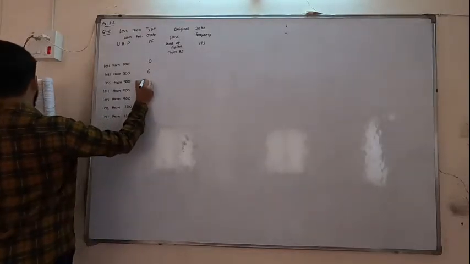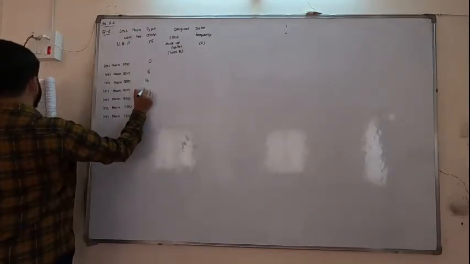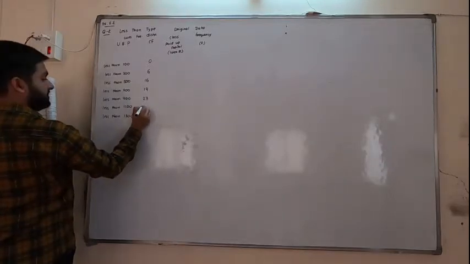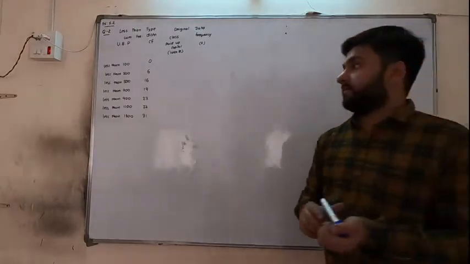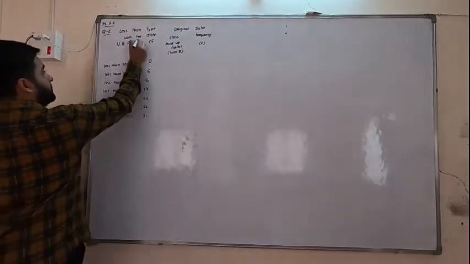The cumulative frequencies are 0, 6, 16, 19, 23, 27, 31. Now I draw the columns.